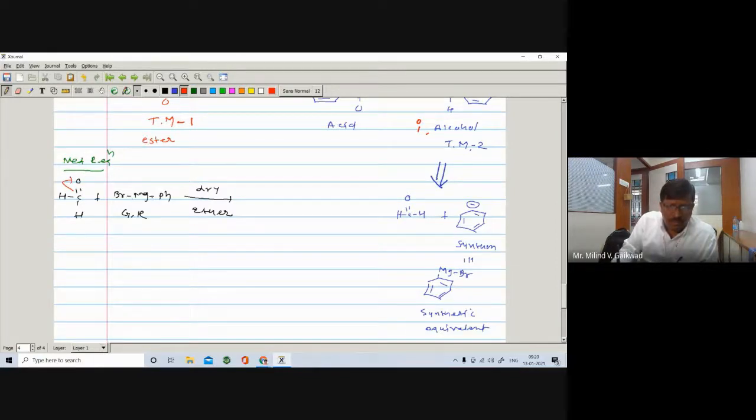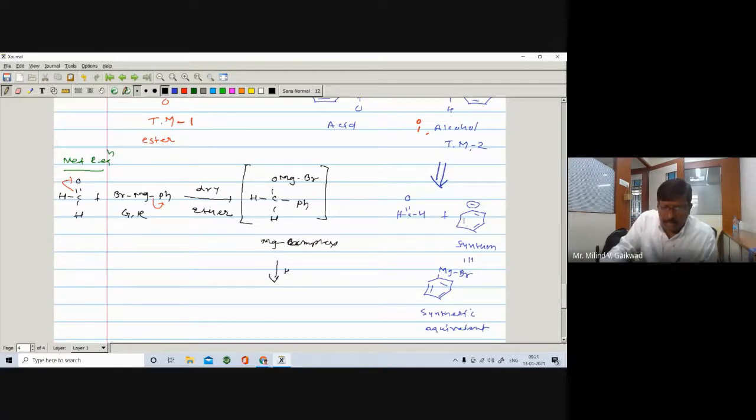So Ph negative will attack on this C positive, and you are getting the corresponding magnesium complex. So here is MgBr, here is H, and here is Ph. It is a magnesium complex. It is unstable. You have to write it in brackets. I told you that you have to write the name of all compounds that you can write.